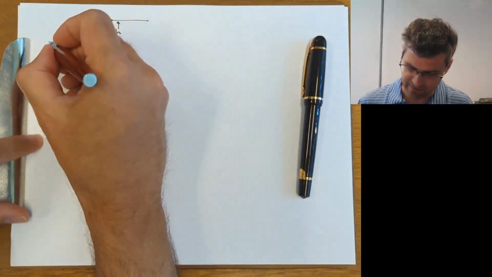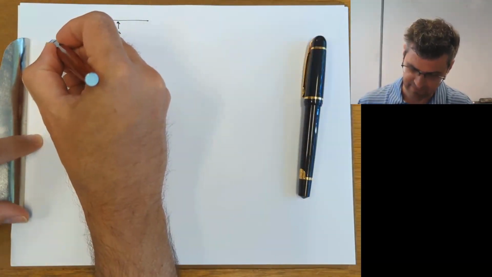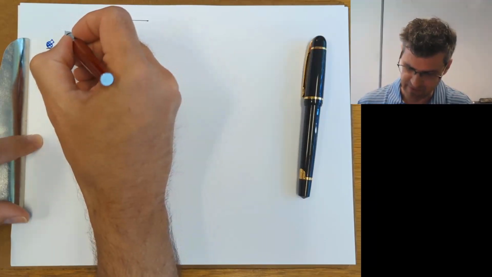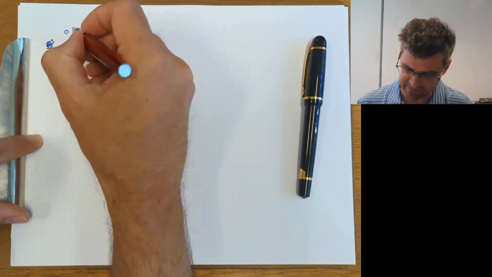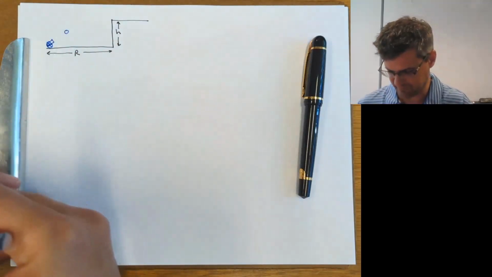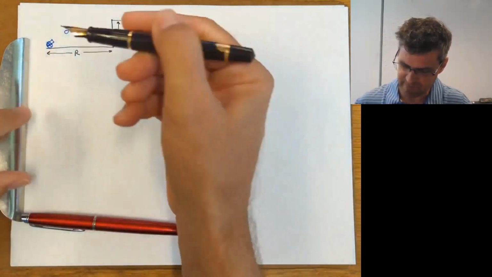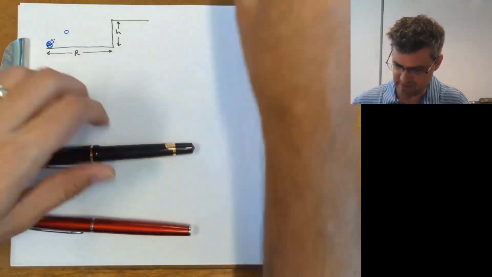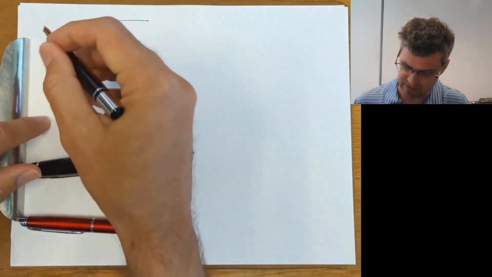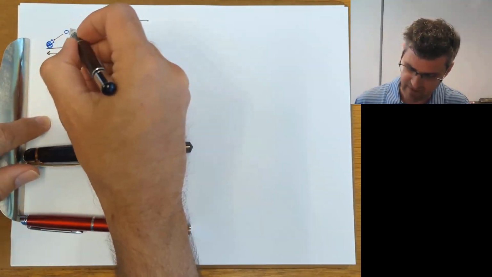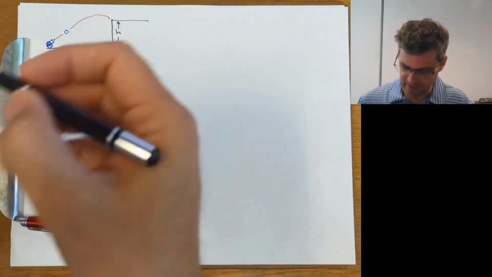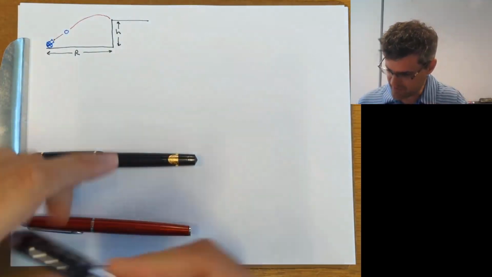So I've got a cannon that's going to fire some projectile, and it's going to follow some trajectory like so.